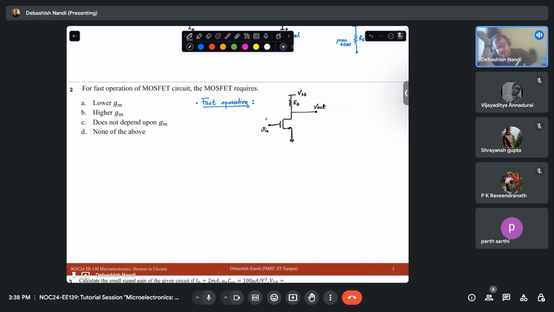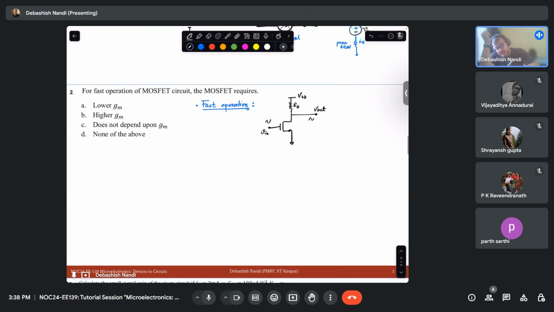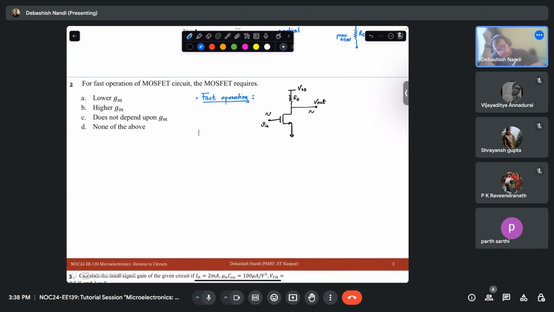If you apply a signal here, the output should swing simultaneously, right? That means, let's say this is the time axis. So this much you have understood, right?